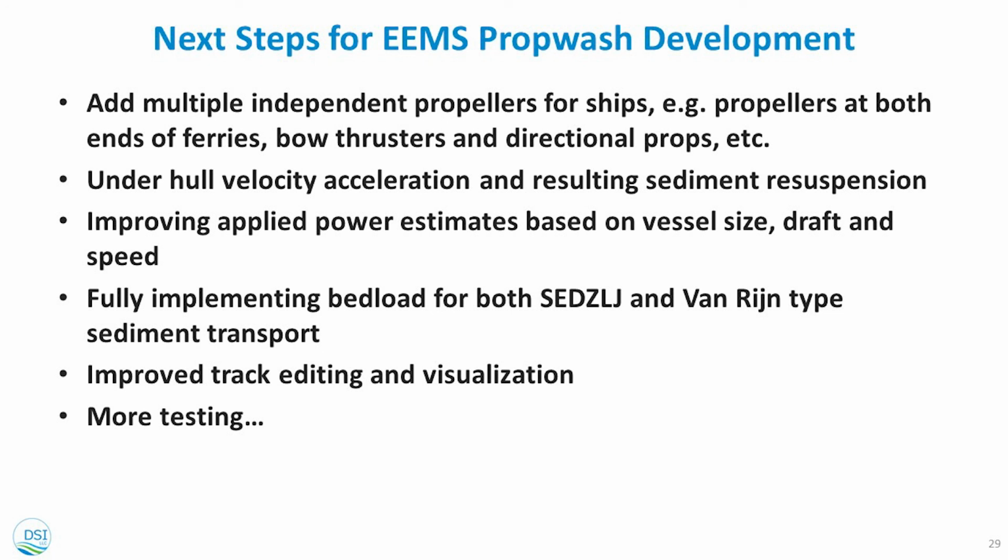This is a significant issue when tugs are pushing large ships whose hulls are very close to the bottom. And fully implementing bed load in the sediment transport model for both SedZLJ and the more traditional Van Rijn, Engelund-Hansen type approach for sediment transport.